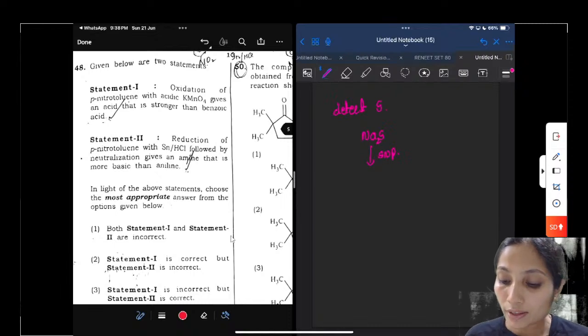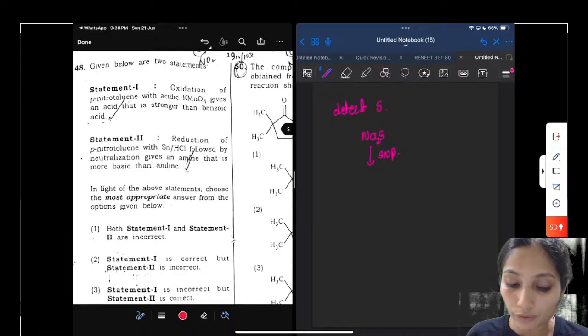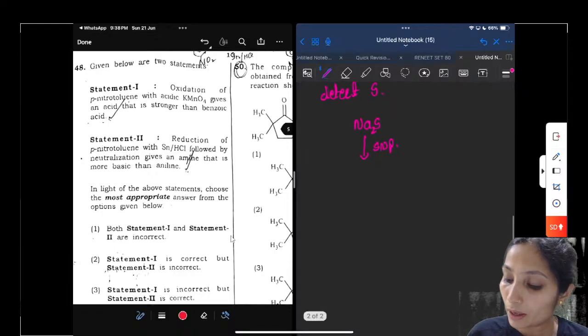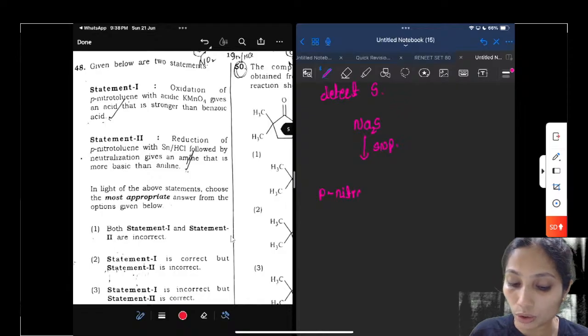See, oxidation of para-nitrotoluene. We have para-nitrotoluene.